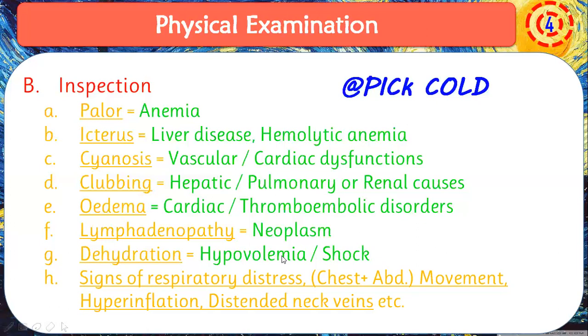I'll be talking about why we need to see both chest and abdomen, not solely the chest, in case of a patient with dyspnea. So I'll be talking on this in the later part of this video.